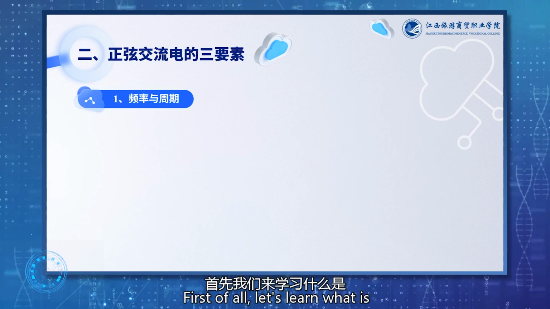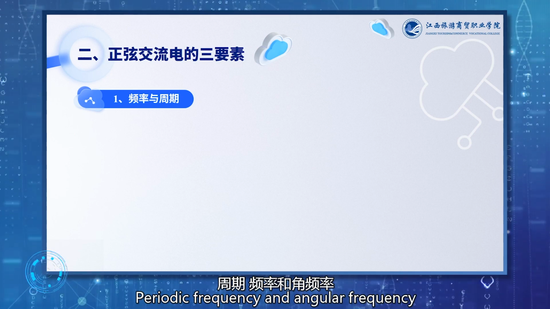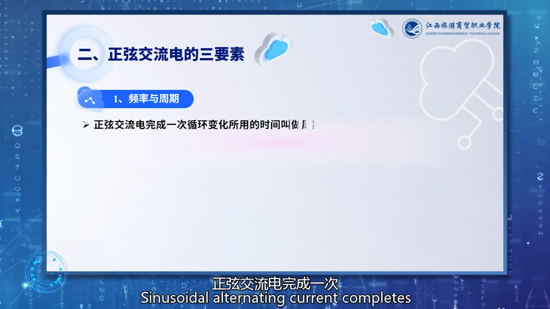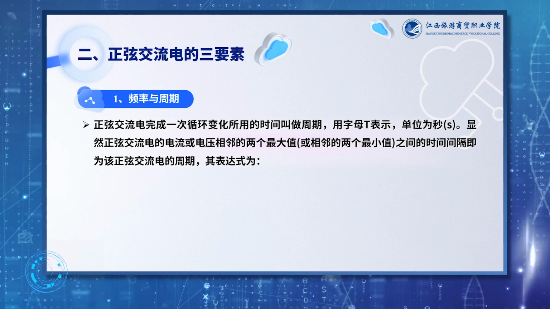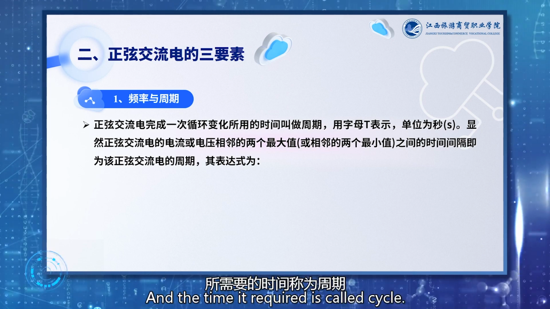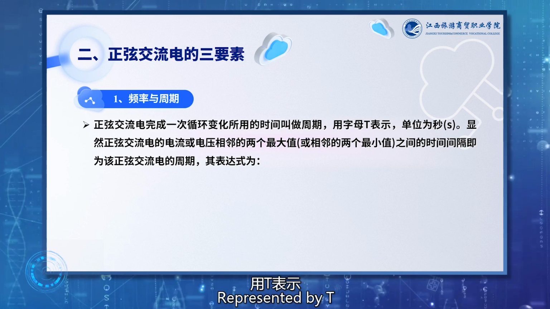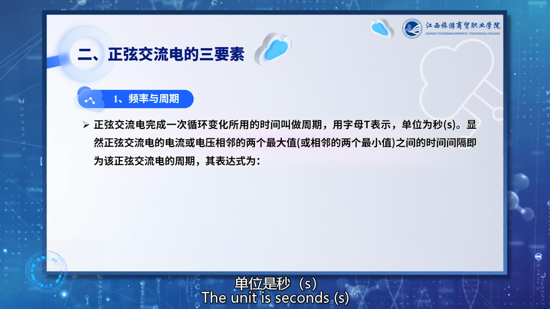First of all, let's learn what are period, frequency and angular frequency. When sinusoidal alternating current completes a cyclic change once, the time it requires is called the cycle, represented by T. The unit is seconds.